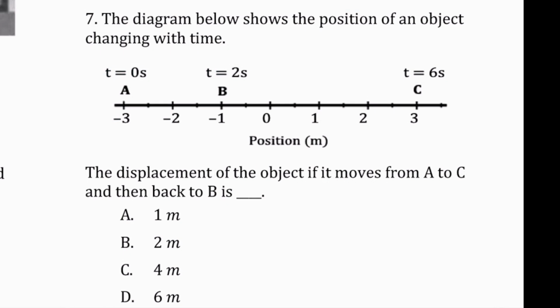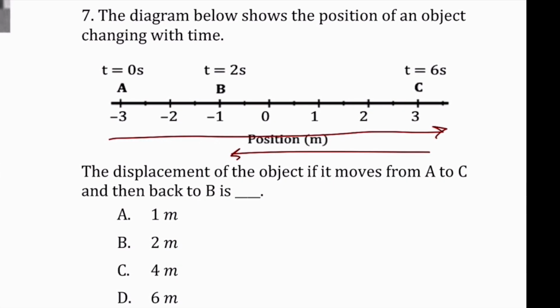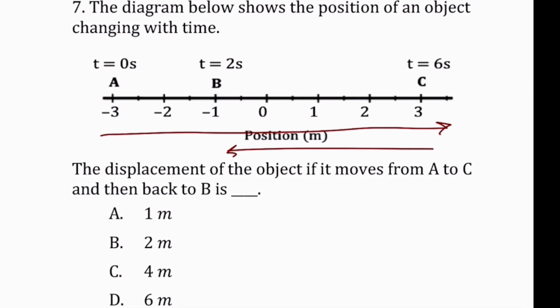7. The diagram below shows the position of an object changing with time. The displacement of the object if it moves from A to C and then back to B. So in this question, we should take the final position minus the initial position.